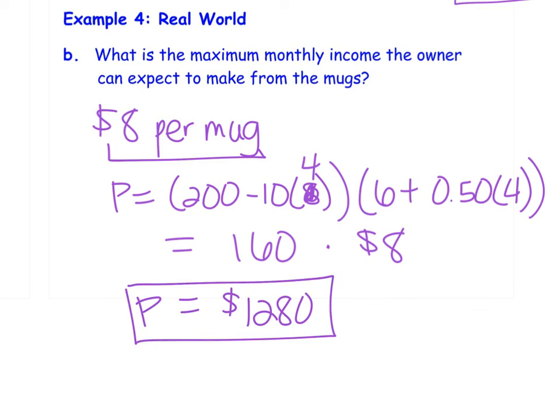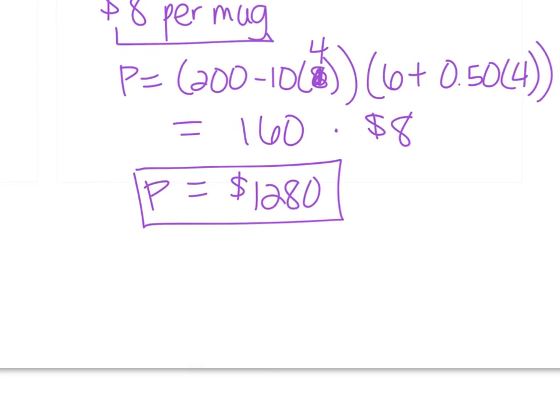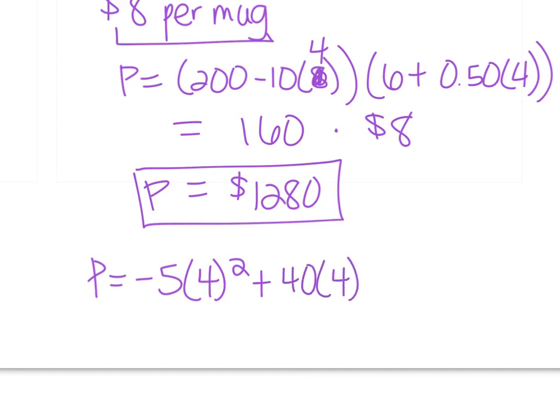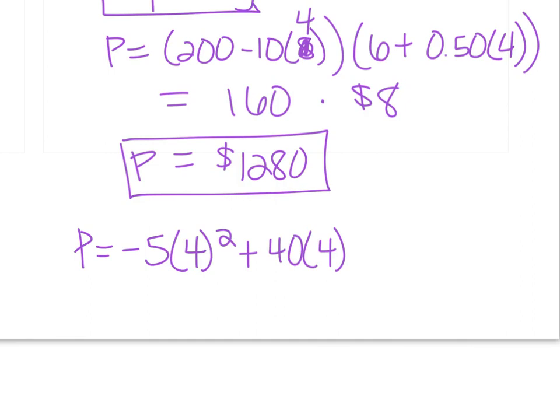And the other way you can do it is plugging it into our other formula, so P equals negative 5 times 4 squared. Remember, 4 is our X value, not 8. That's the price per mug. And then plus 40 times our X value, 4, and then plus 1,200.